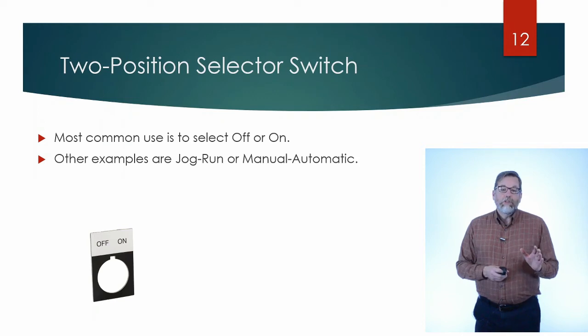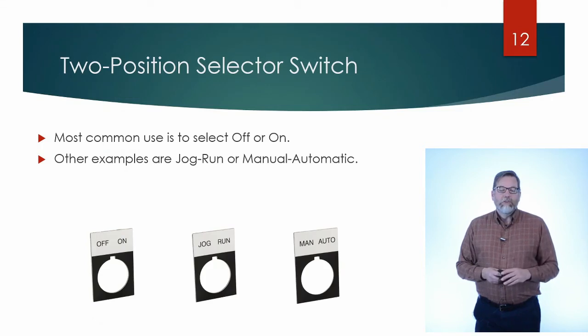Some other examples would be run, jog, and manual automatic. Now, these are some terms we haven't gotten into yet because we haven't talked about our control schemes. When we get to that, you'll just understand that we will be using a 2-position selector switch for those particular functions. And we have some bezel plates that you can buy that denote which function is the left and which one is the right.